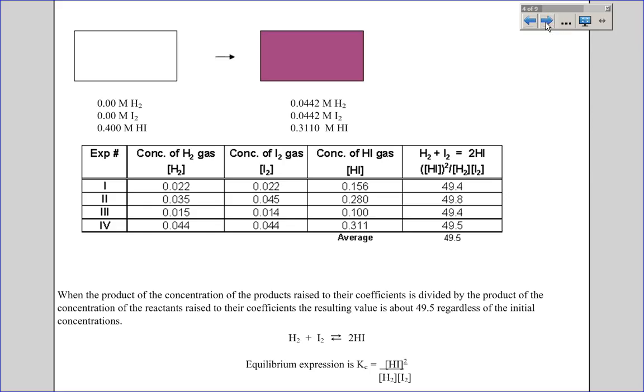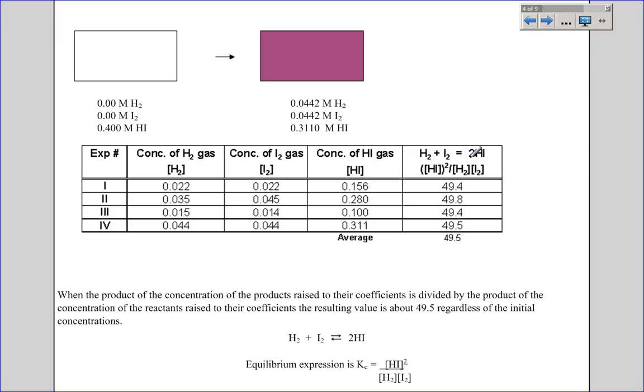What we have following our 4 examples is a summary chart. We've got experiment 1, 2, 3, and 4, and this chart here shows the equilibrium concentrations of the H2, the I2, and the HI. And so you can take a moment and compare, see where I got these values from.